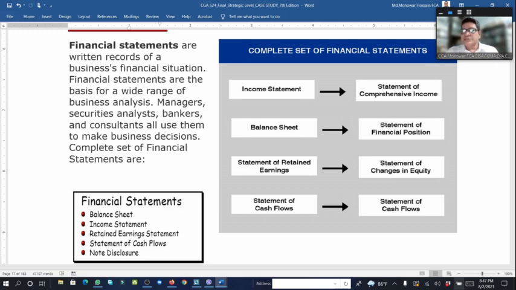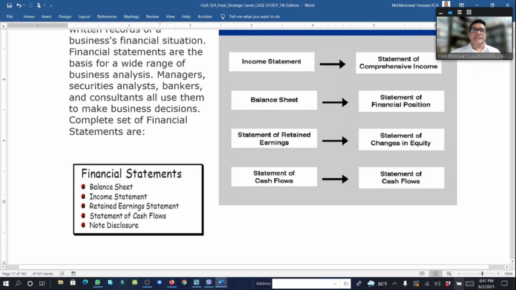The balance sheet is the statement of financial position. The statement of retained earnings is the statement of changes in equity. The statement of cash flow is the same. Here the notes to the accounts are also a part of the financial statements.